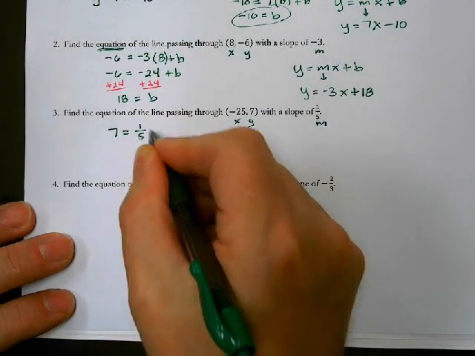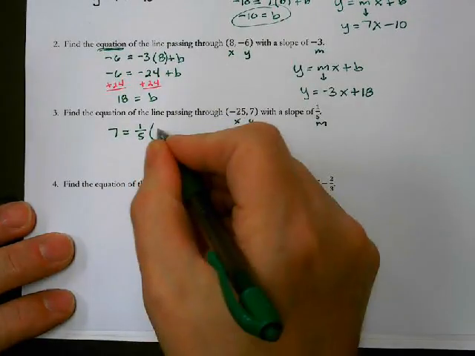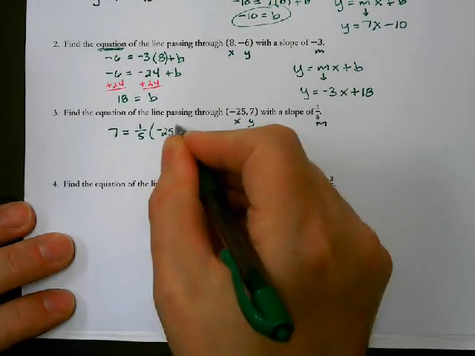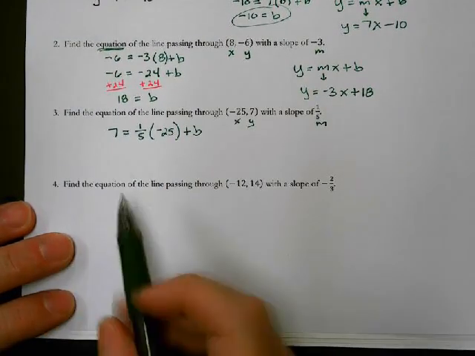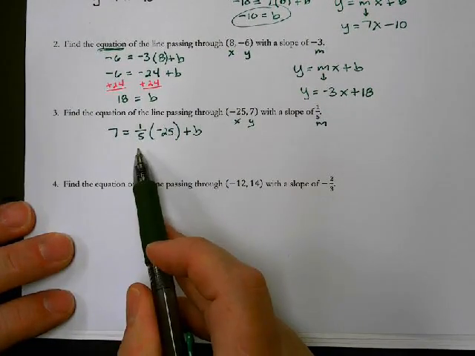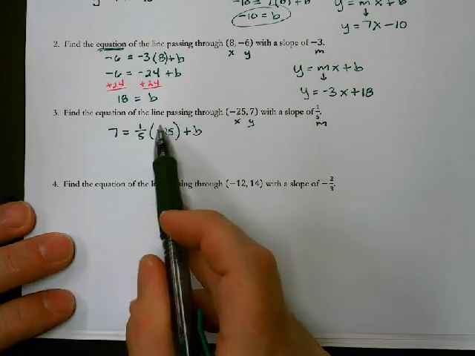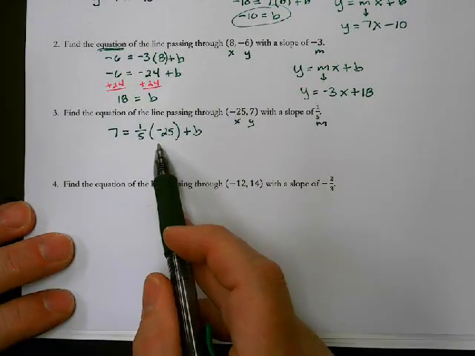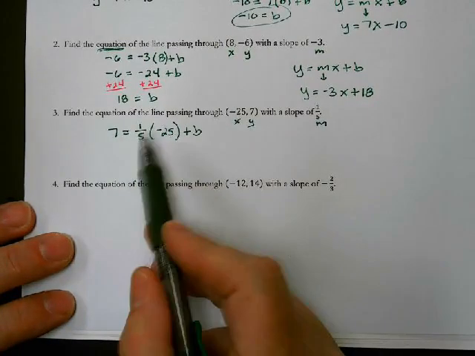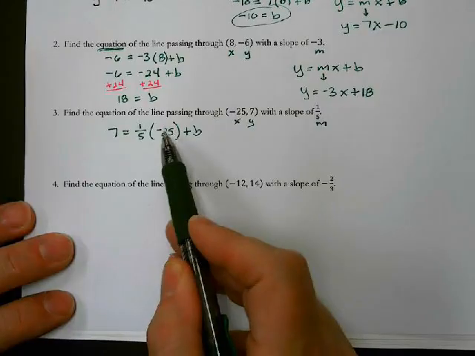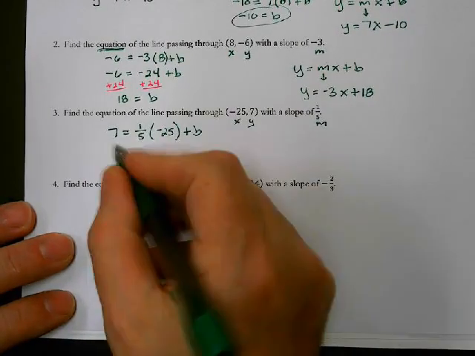X is negative 25 plus b. Okay, remember when you're multiplying by 1/5, you're going to multiply by 1 and divide by 5. So since the numerator is 1, multiplying by 1 is not going to change anything, so I'm just going to divide this by 5. Negative 25 divided by 5 is negative 5.